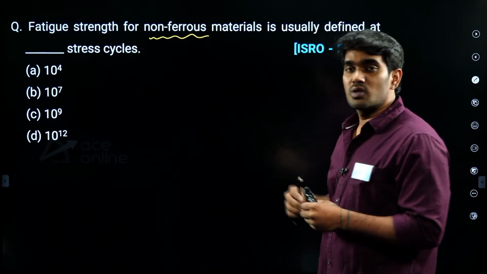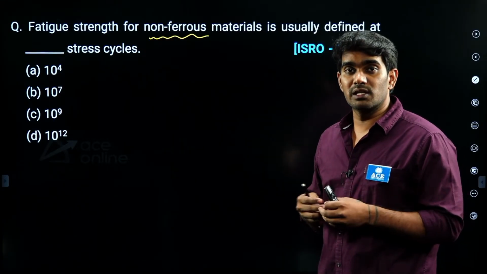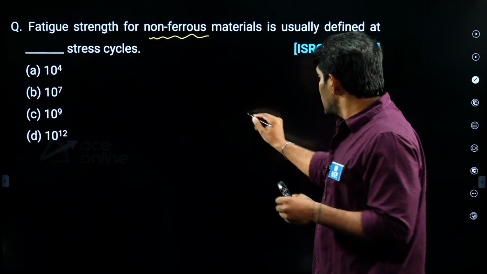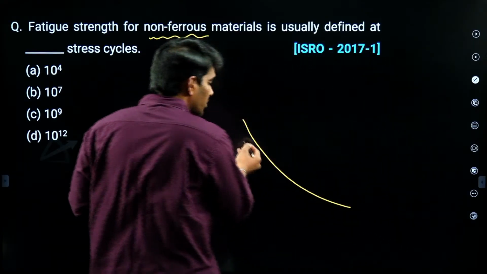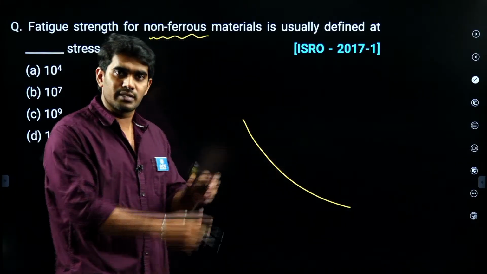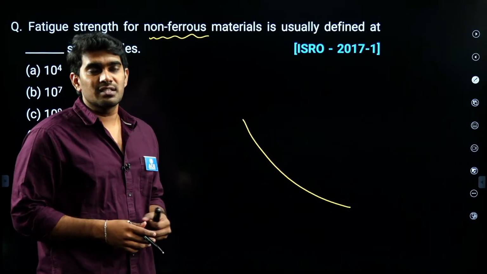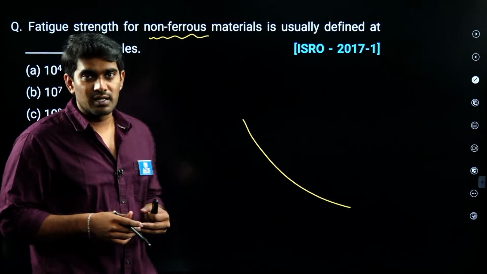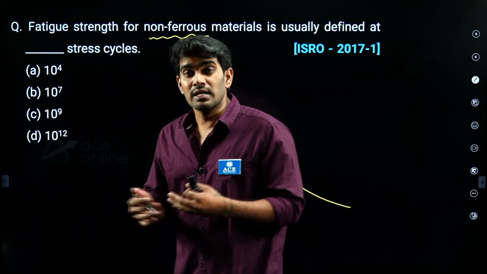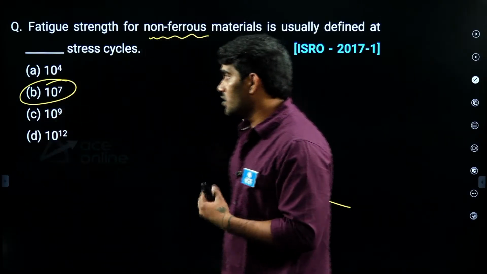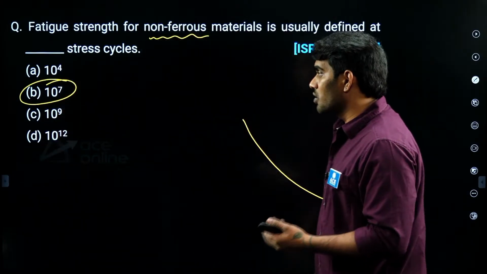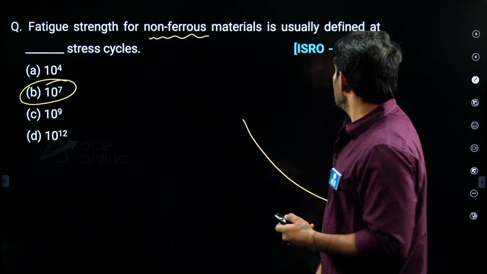But here it is not the case. In non-ferrous materials, the curve continuously, gradually decreases. We do not have any stop to the curve. It still decreases. That's the reason why for non-ferrous materials the criterion for life is 10 power 7 cycles. It is not 10 power 4, not 10 power 9, not 10 power 12, it is 10 power 7 cycles.